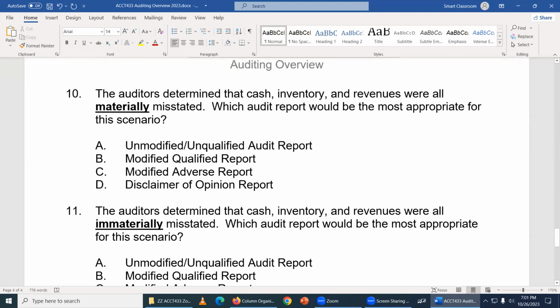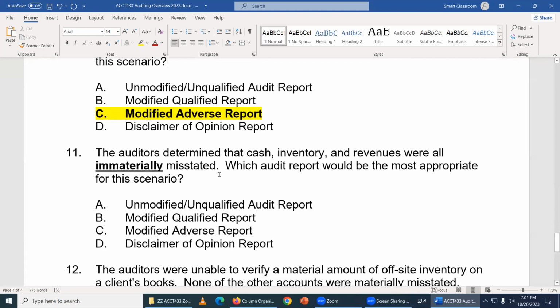Modified qualified report. Probably modified adverse. Adverse. It looks like the revenue, so the income statement is going to be off, and the cash and the inventory, so the balance sheet will be off. This would probably be enough that you'd have it. It is possible that you'd have a qualified statement, but more than likely this one would be modified adverse.